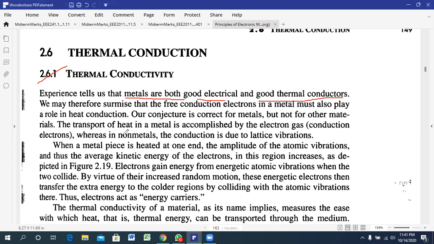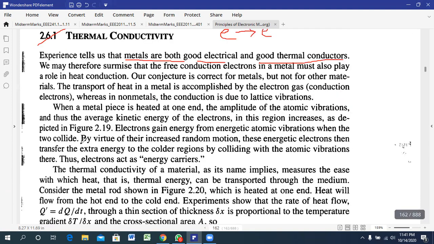But in the case of non-metals, the conduction is due to lattice vibrations. In metals, these free electrons move from one position to another, and that determines that it is a very good conductor. But in non-metals, each material consists of some lattice. So whenever this lattice vibrates, then the conduction occurs.